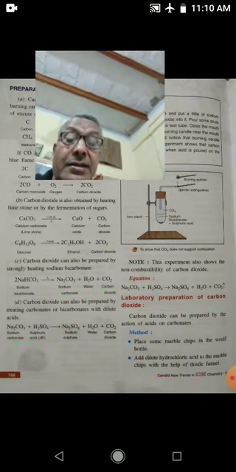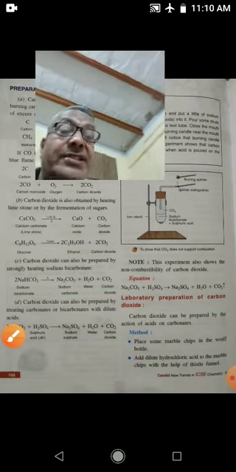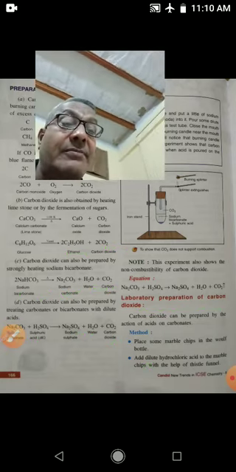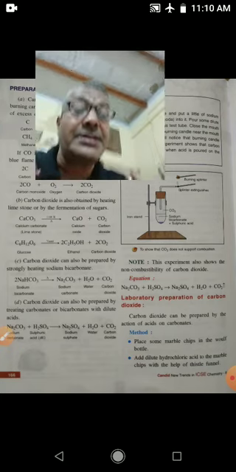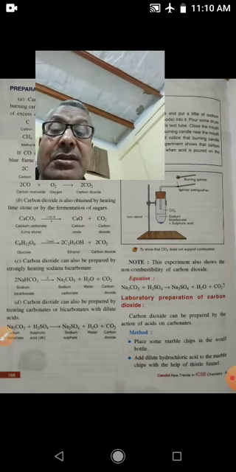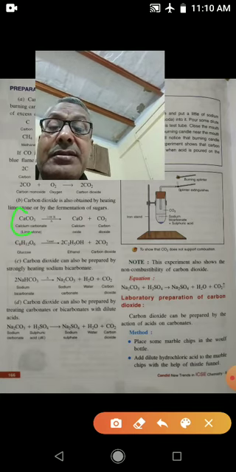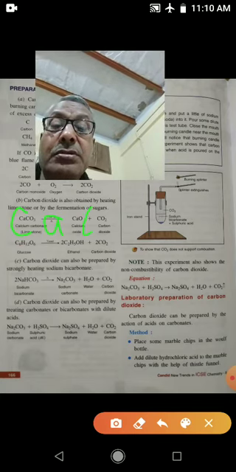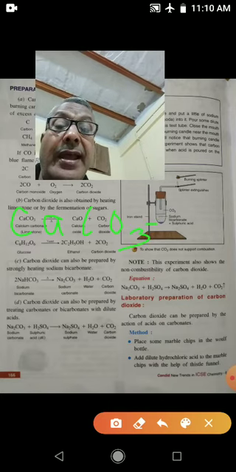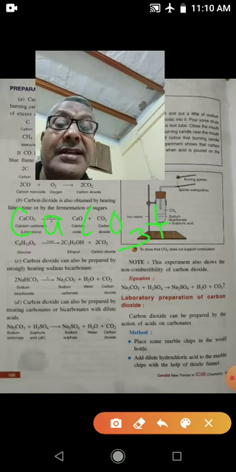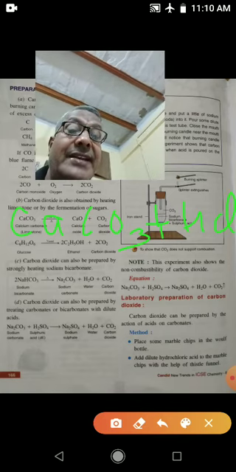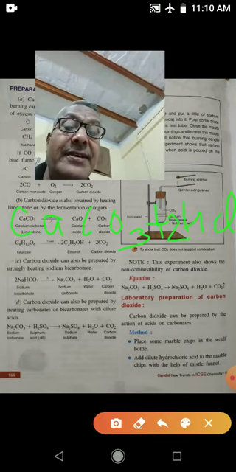So children, balanced equation for the preparation of carbon dioxide is we take CaCO3 and HCl. So these are the reactants, 2 molecules of HCl.